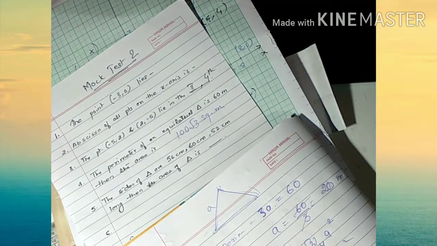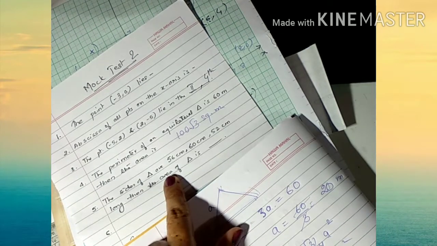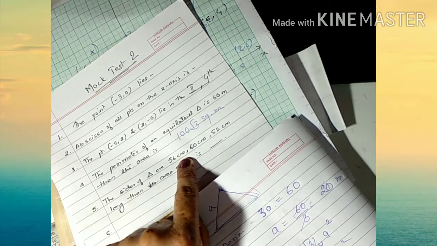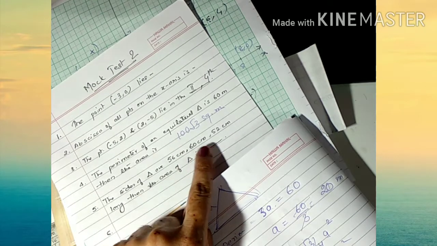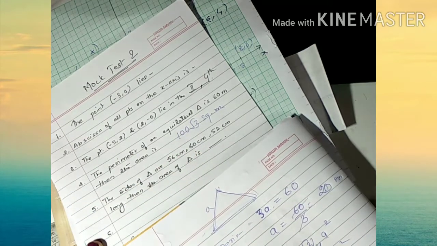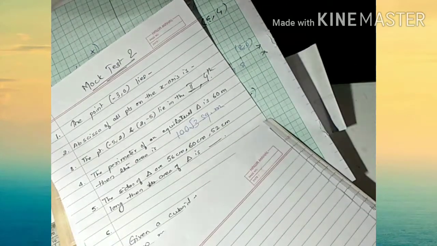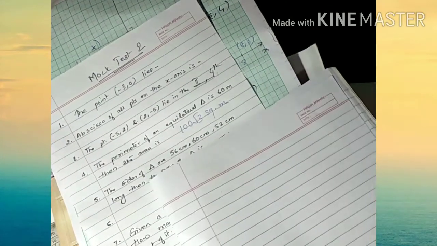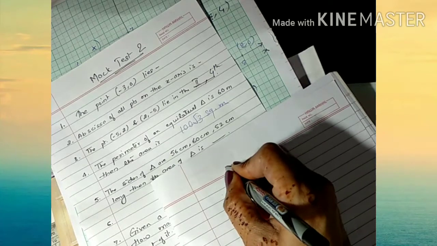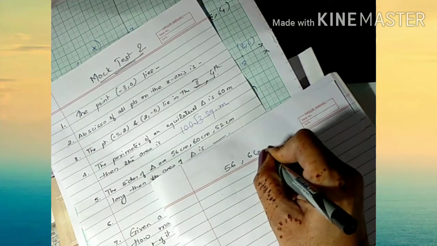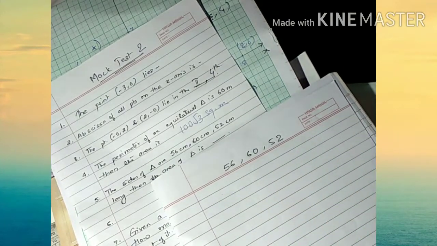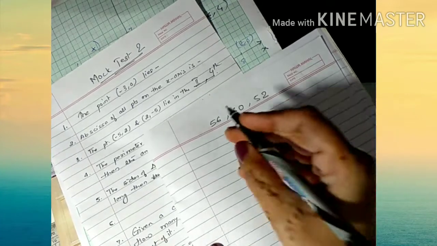Now, our next problem is: the sides of the triangle are 56 centimeter, 60 centimeter and 52 centimeter long. We have to find the area of the triangle. Now, by Heron's formula, what are the sides? Sides are 56, 60 and 52. And what is Heron's formula?